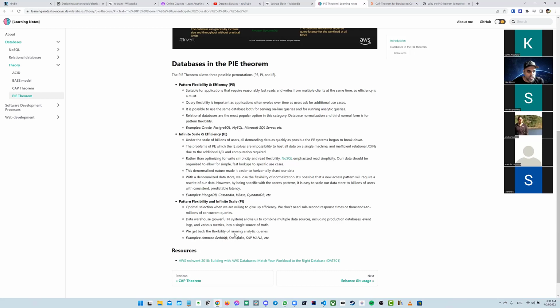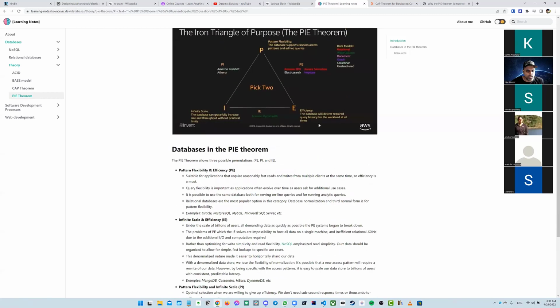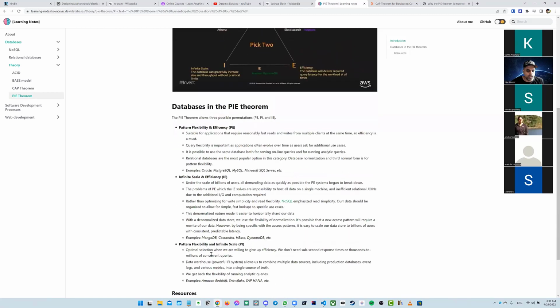Whereas if you're working with big data, then you probably want to look at things like Redshift, HANA, or Snowflake, and it may not be necessary to have a front-facing app. You may be okay with queries taking a little longer, but you can be flexible with this data, and you can grow a lot of data. So maybe like a data farm or something.